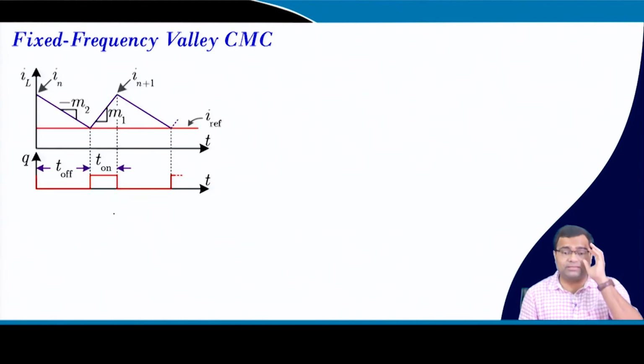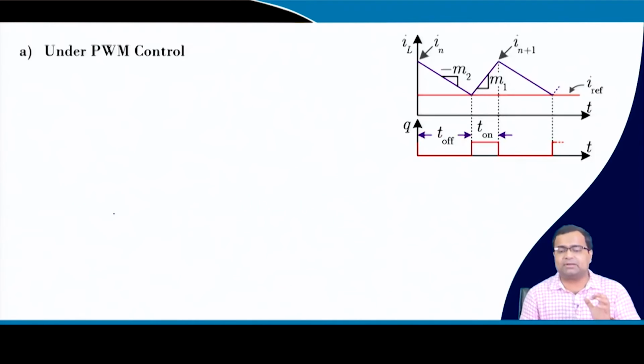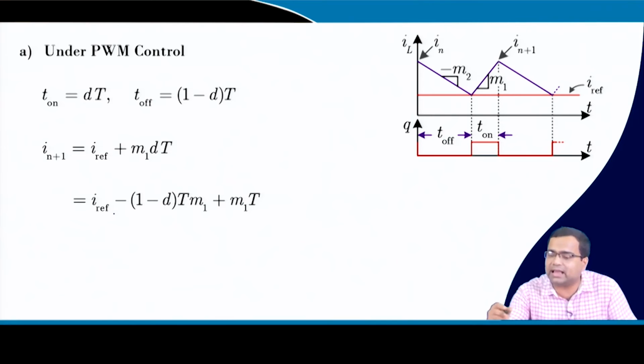Now, in fixed frequency valley current mode control, we can show that the same method can be applied to derive the current In plus 1, where here In plus 1 is this current and this is my In.